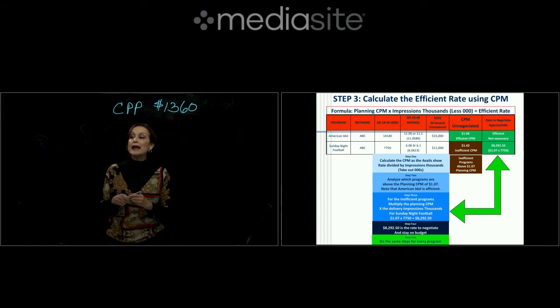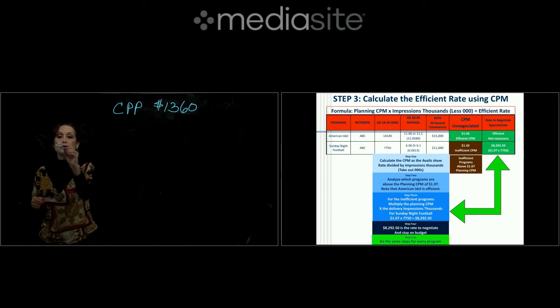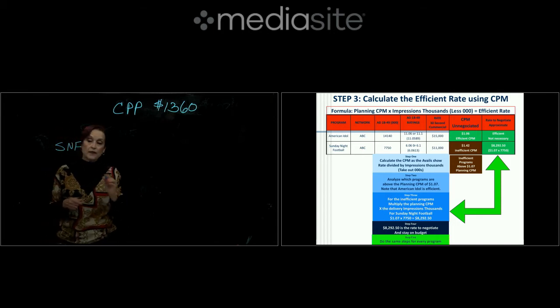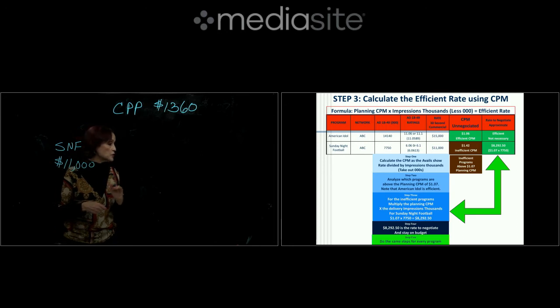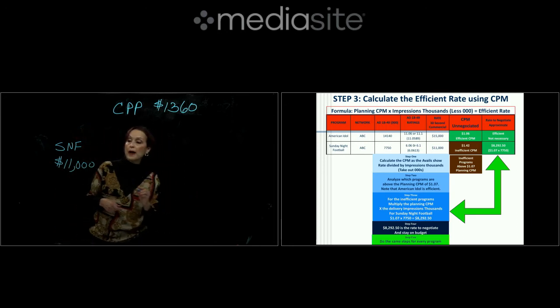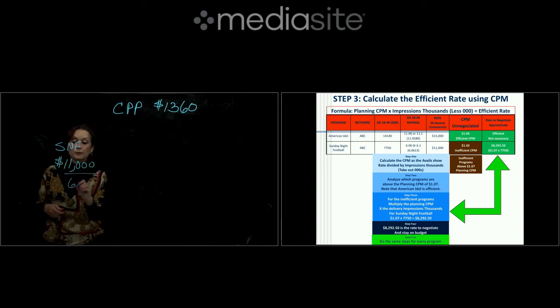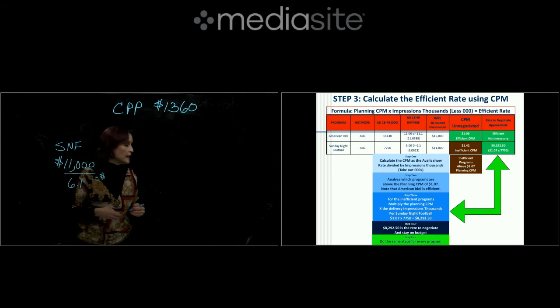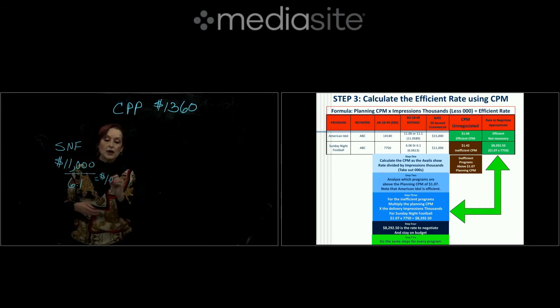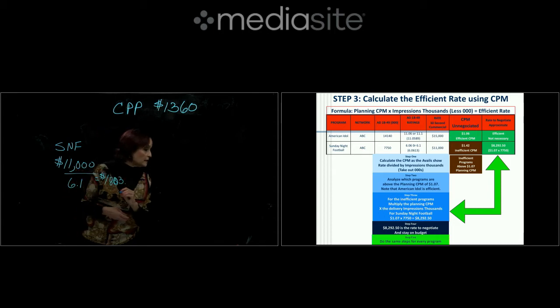So let's say, again, Sunday night football. Let's put it here on the board. For Sunday night football, you had an $11,000 rate for every commercial insertion, and you divide it by the 6.1 rating points that it delivers, and your real cost per point here is $1,803.27.